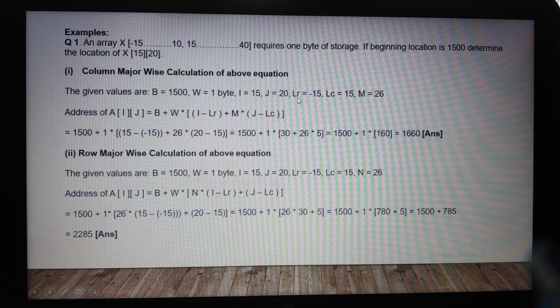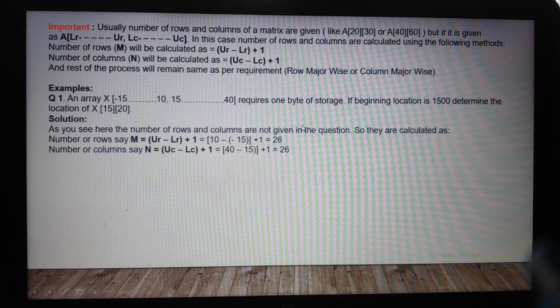But lr is minus 15, lc is 15, m is 26. This we have calculated from here. The number of rows m is ur minus lr plus 1, 10 minus minus 15 plus 1, is 26, as mentioned over here.